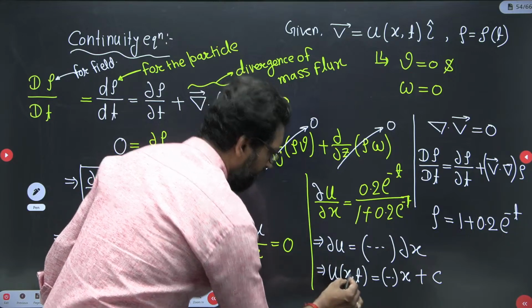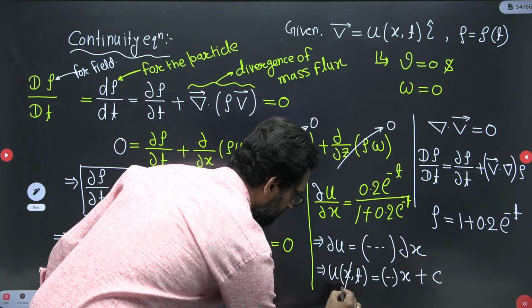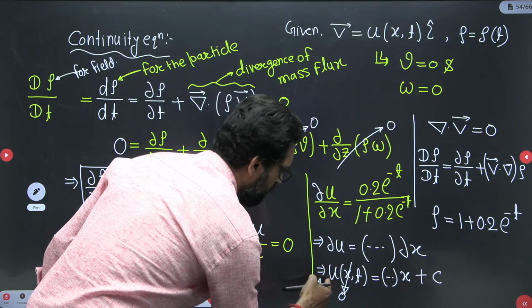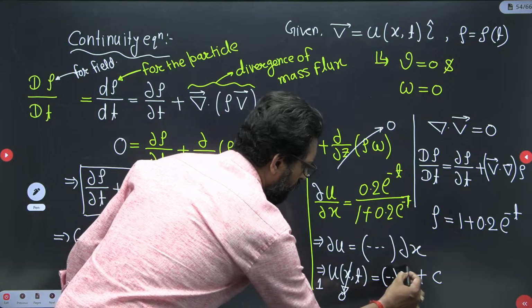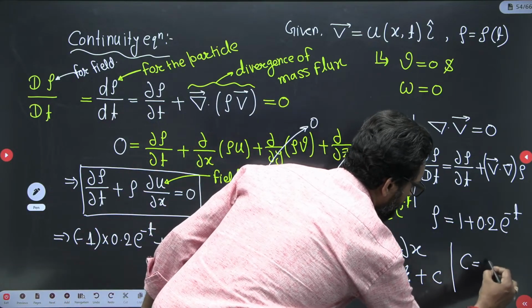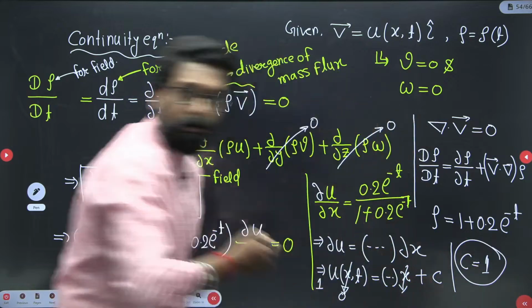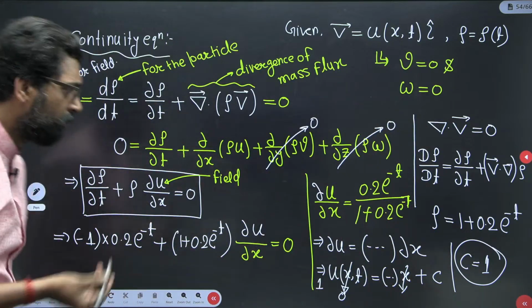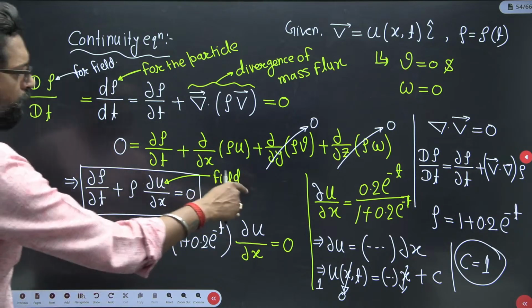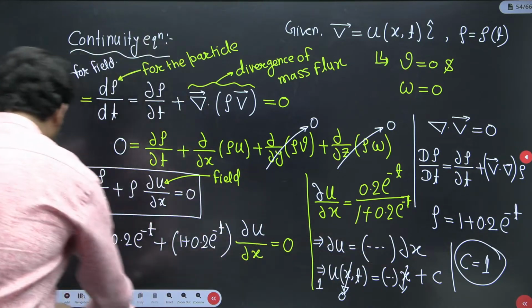So 1 is equal to c. So what is the c value? C is equal to 1. We have the boundary condition, c is equal to 1. Now once we have c equal to 1, we again write this equation in this form. So what is that?